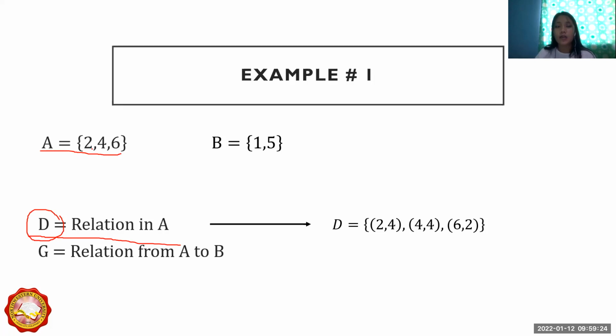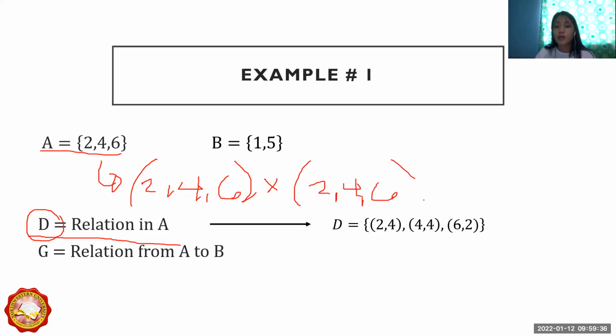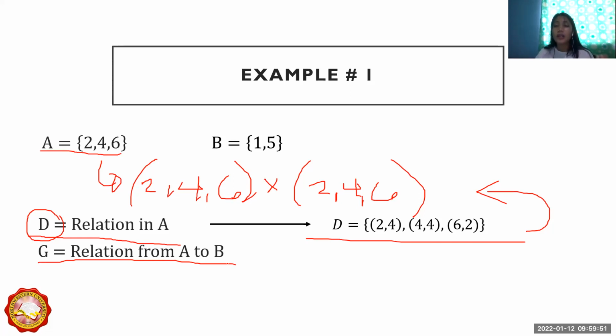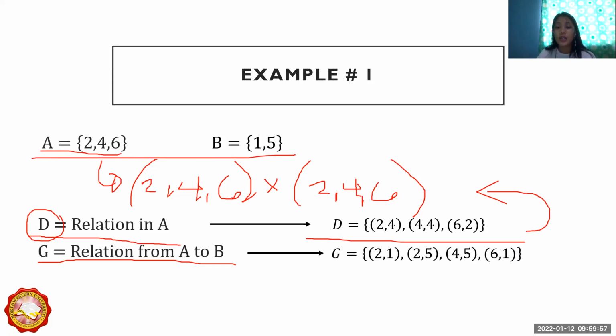Or kahit ano doon. Kasi ang Cartesian product naman ng A natin is you just map 2, 4, 6 and you're going to map that to 2, 4, 6. Kasi nga A to A. So this is a relation coming from the Cartesian product of A to A. And another is a relation which is called G, which is the relation from A to B. So you can get a subset of the Cartesian product from A to B, an example is 2 to 1, 2 to 5, 4 to 5, 6 to 1, so on and so forth.